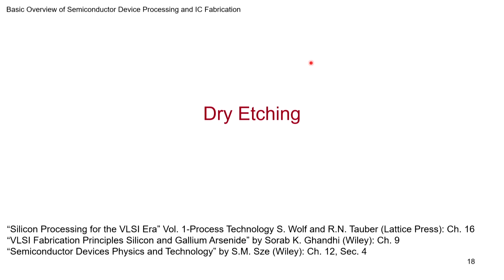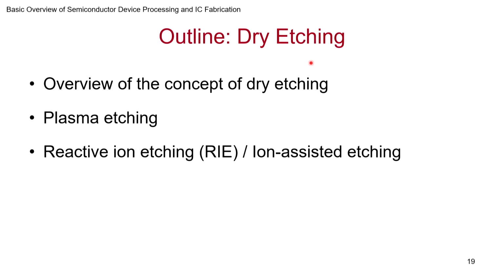Okay, now let's move to the topic of dry etching. Dry etching is essentially where you don't have any wet bath where the etching takes place. Of course, after the etching, you may have to do some cleaning. So this is the outline of dry etching. I'd like to give the broad concept of what dry etching is, the key aspects with which people play, and some parameters and physical quantities.